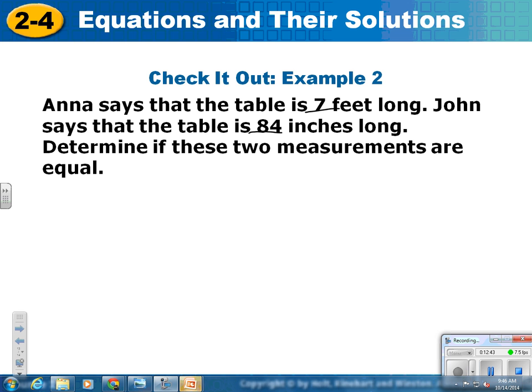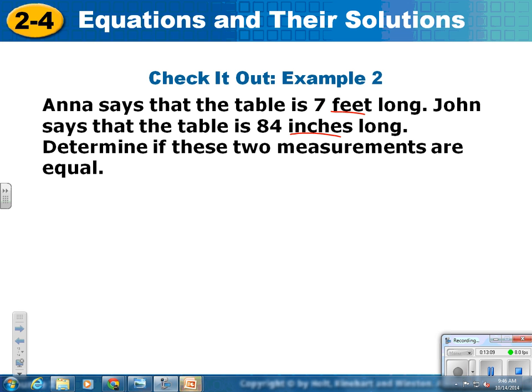Anna says the table's 7 feet long. John says the table's 84 inches long. The problem is, we have inches and we have feet. We have 2 different units. We have to get it to the same unit in order to get an accurate answer. So we have to figure out how many inches are in 7 feet.